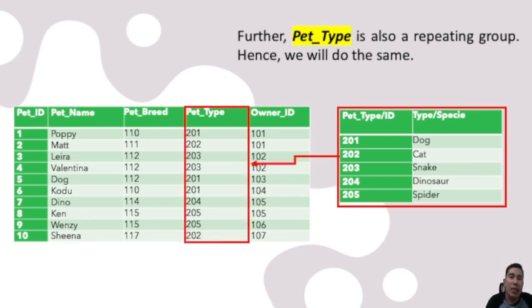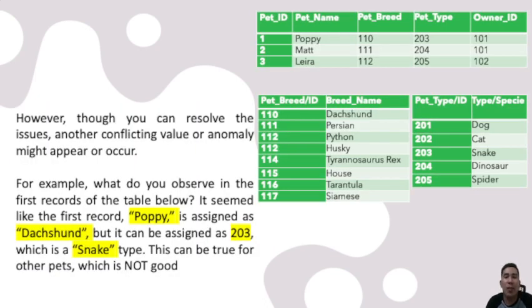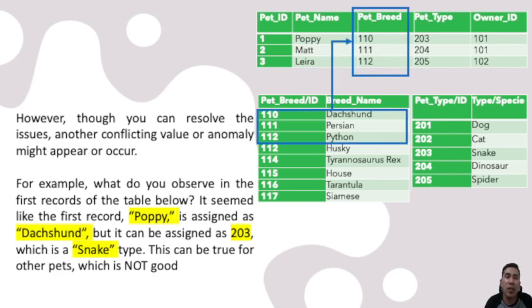Okay, but take note that in our tables right here, though we are able to resolve the issue about repeating groups, notice that for some reason our pet could be assigned a breed accurately, but not the type. Why?